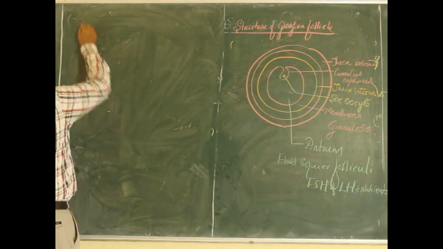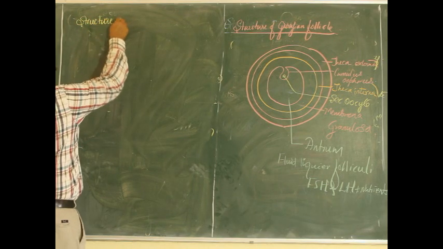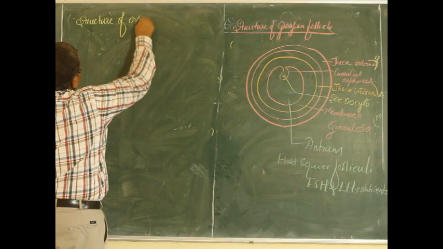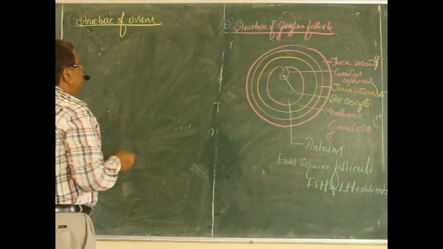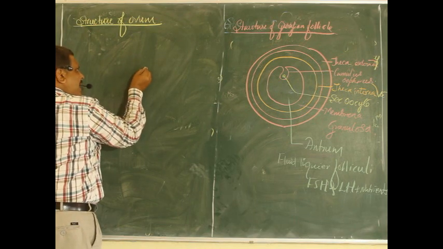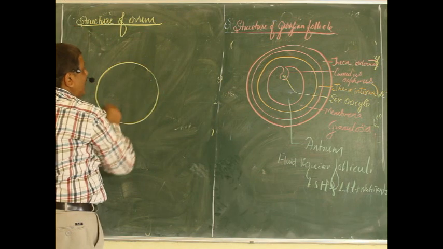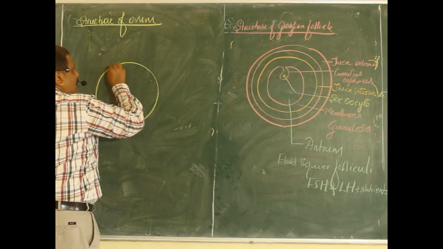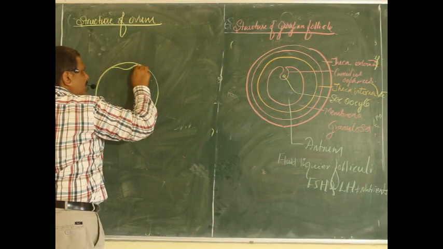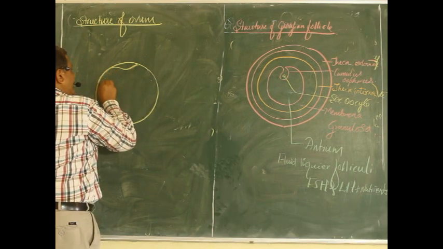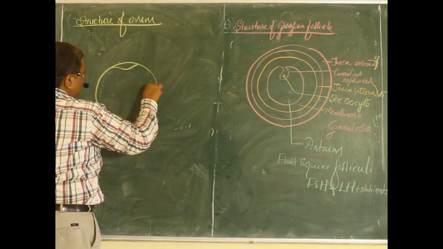Dear students, the egg or the ovum has a layer called oolemma, and inside that ooplasm is present.